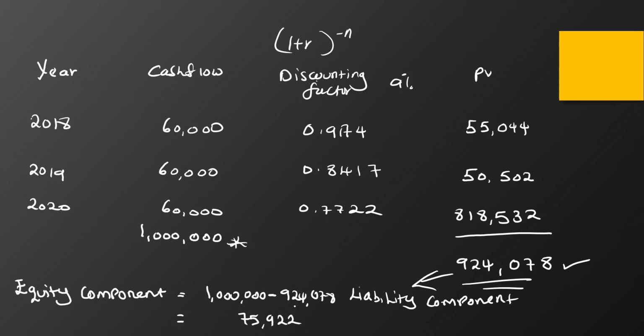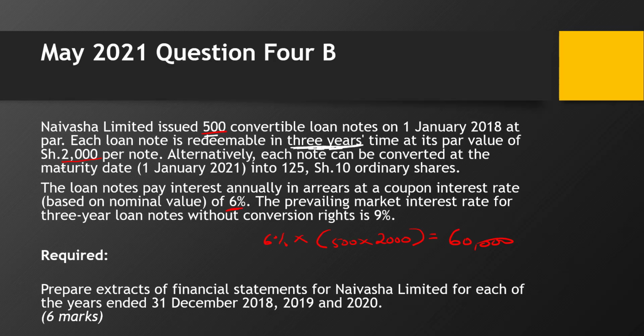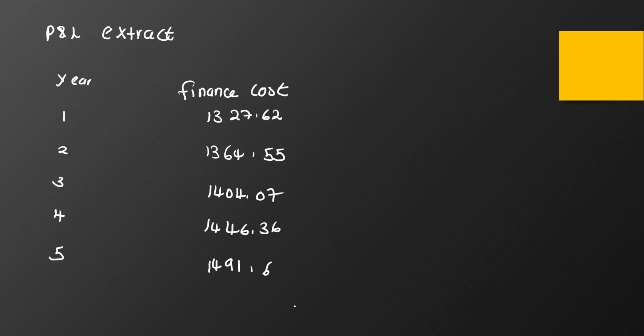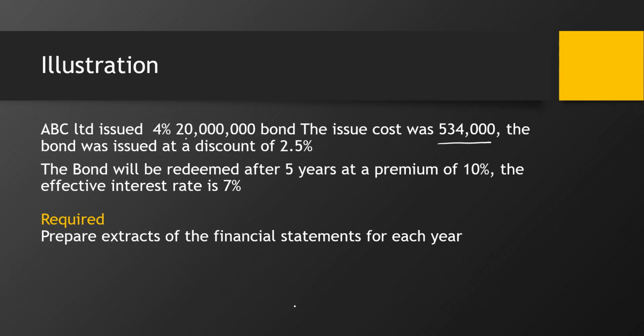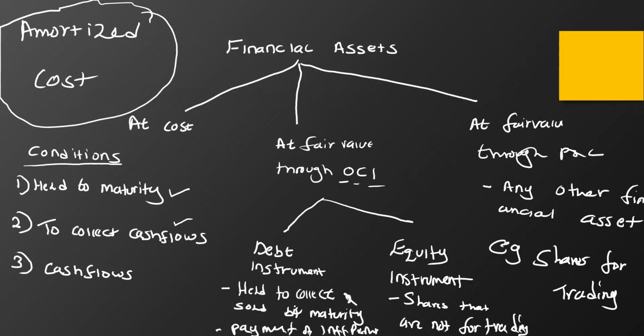Now, how do we value the liability component? Remember, going back to our previous lesson, we said that a financial liability is measured at amortized cost.